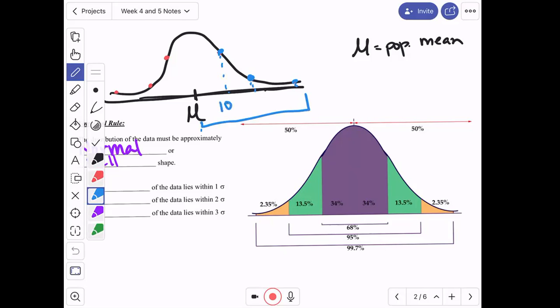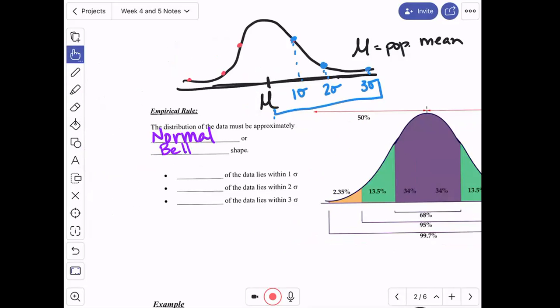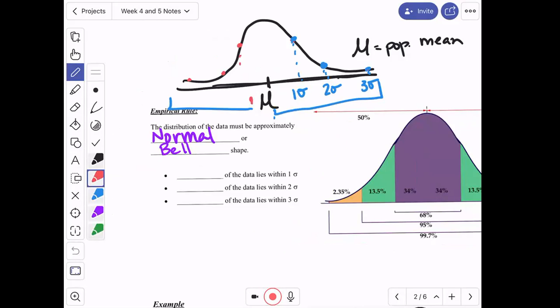So this is 1 standard deviation away, 2 standard deviations away, 3 standard deviations away. To the left is also standard deviations, 3 standard deviations away to the left, where this is -1 standard deviation away, -2 standard deviations away, -3 standard deviations away.